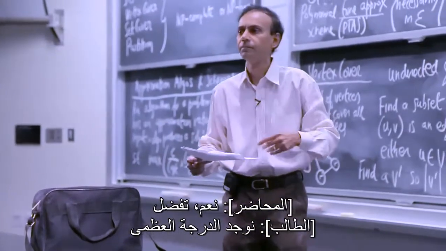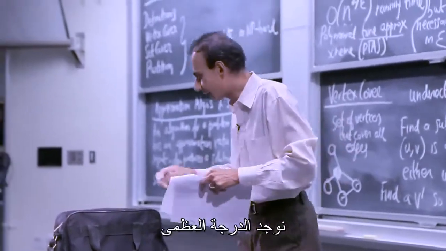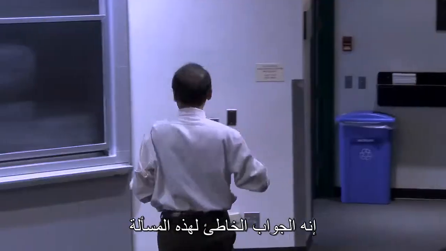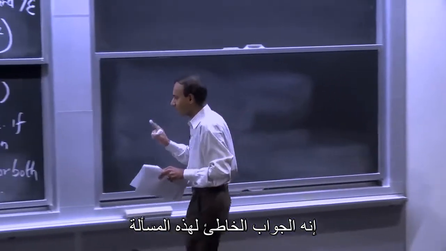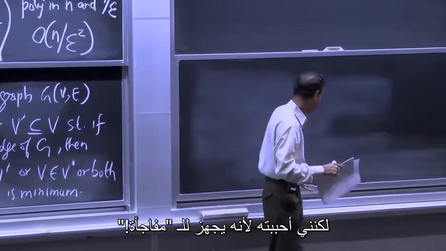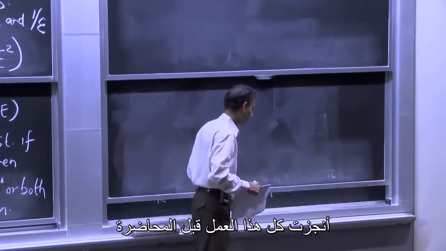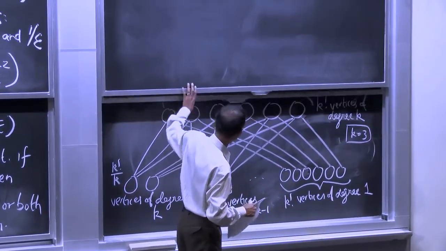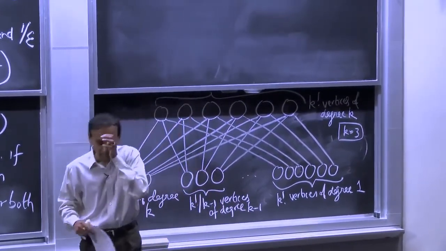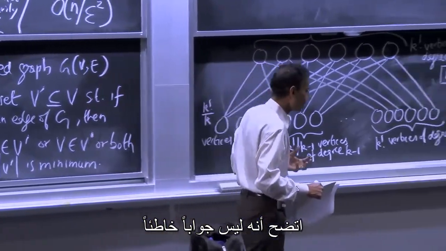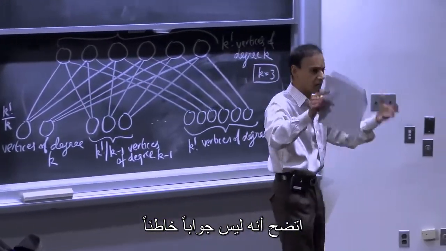Yeah, go ahead. Find the max degree. I love that answer. It's the wrong answer, but I love it because it sets me up for, ta-da, all this work I did before lecture. Okay. All right. So it turns out that it's not an incorrect answer.